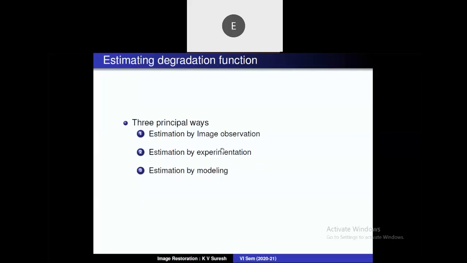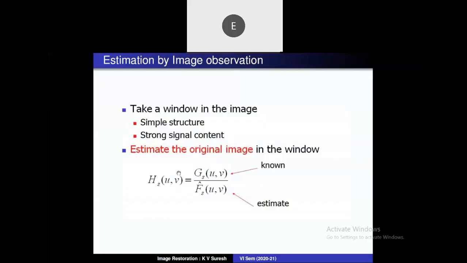The second is by performing an experiment, and I'll explain how this experiment can be performed. And the third one is estimation by modeling. So these are the different methods of estimating a degradation function: by observation, by experimentation, and by modeling. Let us take them one by one.